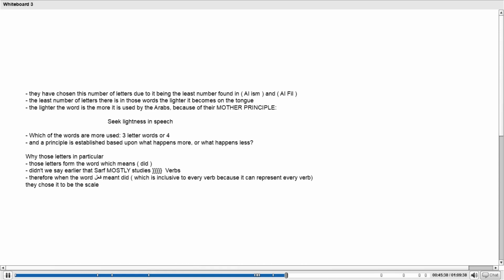Now, let me give you a brief demonstration on how the scale works. Just a brief demonstration, inshallah, on how the scale works. Now we said the scale consists of what?